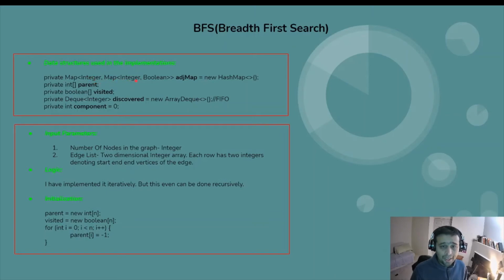I have a private method in the program which will take care of building up the adjacency map. I have not shown it here, but you can check out the complete program.